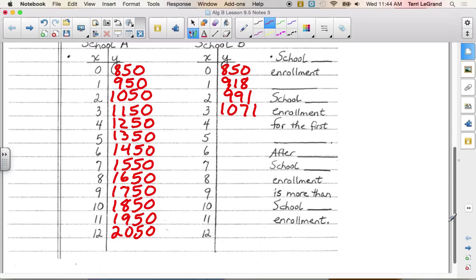Okay, so let's try the next one. Oh, how do I do exponents?